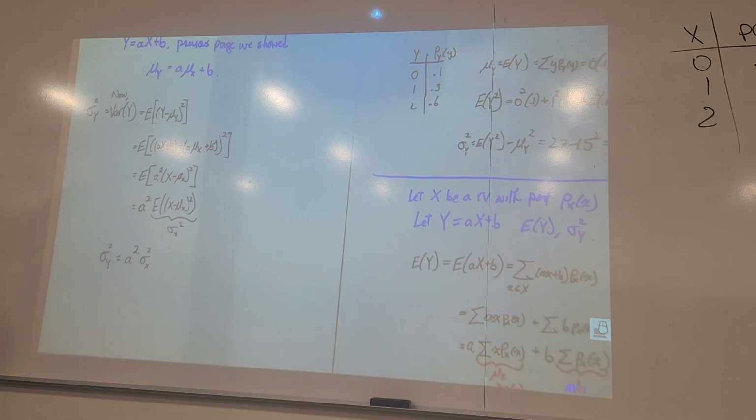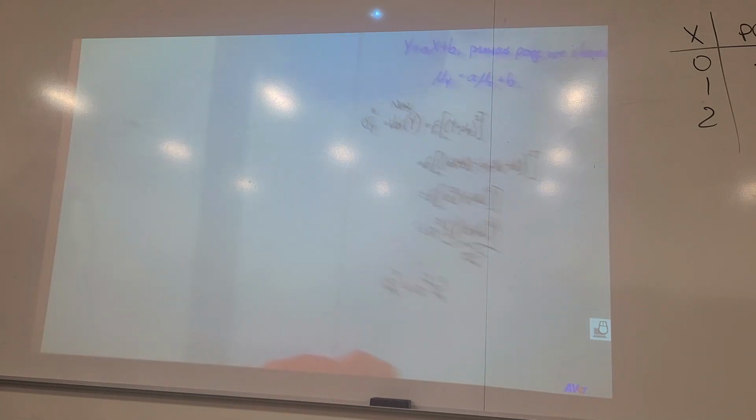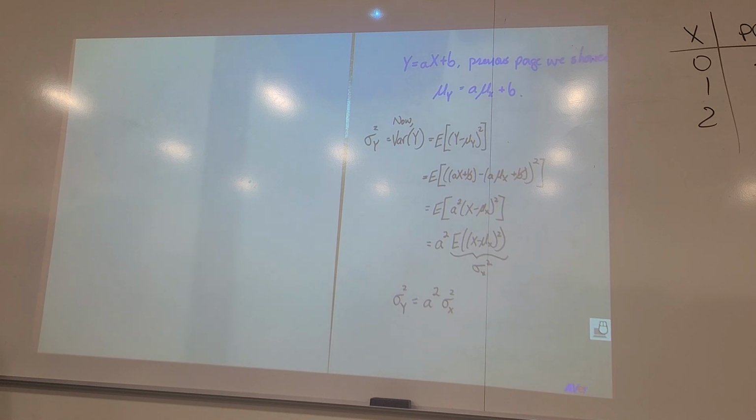By the way, let me summarize. y equals ax plus b. We've seen that the mean of y is a times the mean of x plus b. It takes that scale and that shift into account. The variance of y is simply a squared times the variance of x.